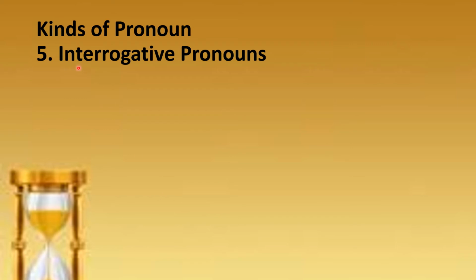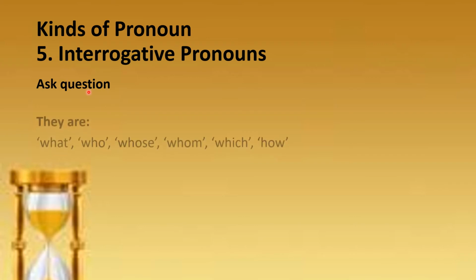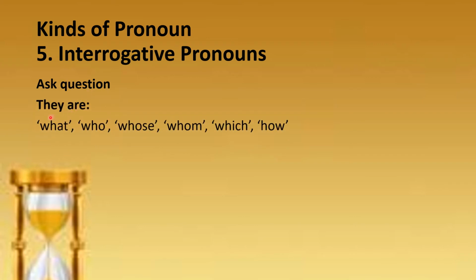Let's talk about the fifth kind of pronouns, which are known as interrogative pronouns. As the name shows, the interrogative pronouns are used to ask questions. They include what, who, whose, whom, which, and how. See the example.